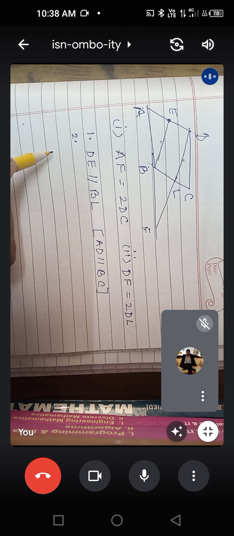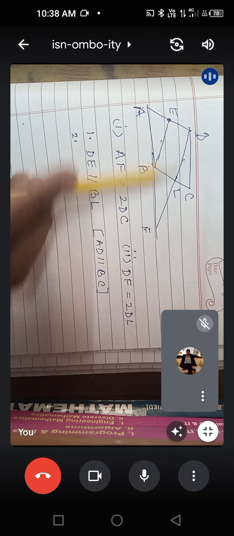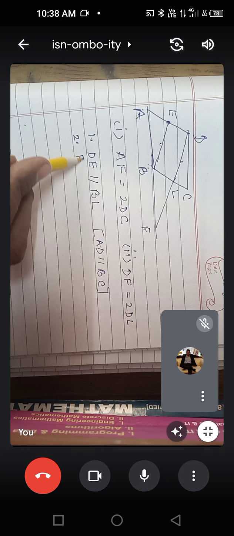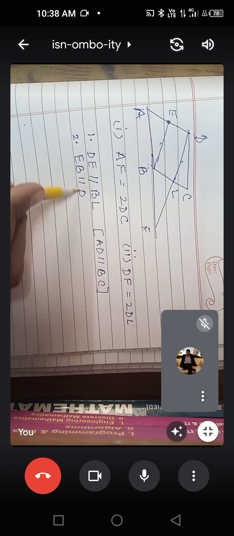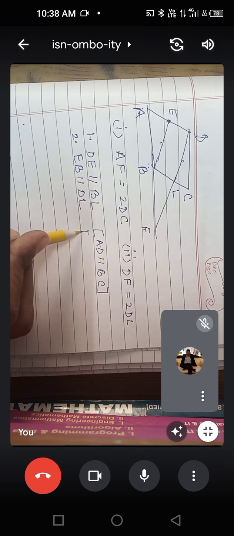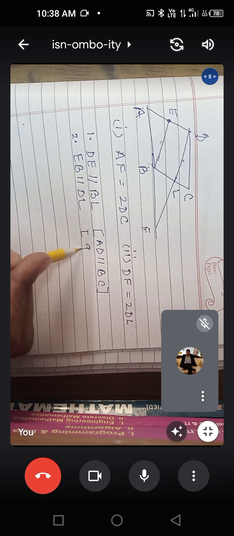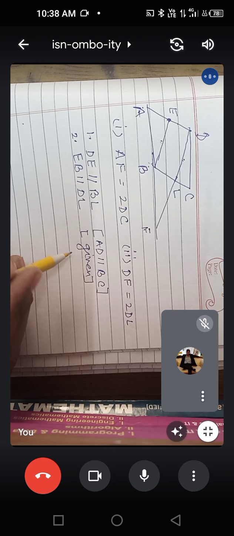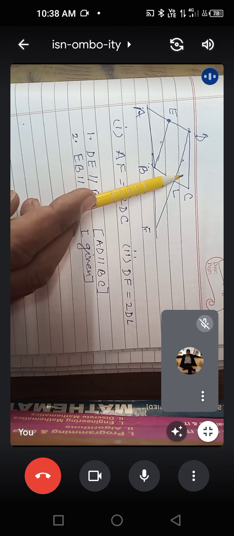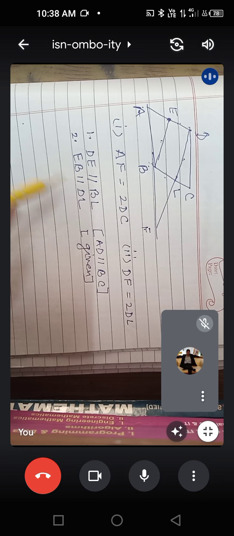Second point, you see. EB is parallel to DL. Why? Given. This is given to us, that this line is parallel to this, and this is parallel to this also.